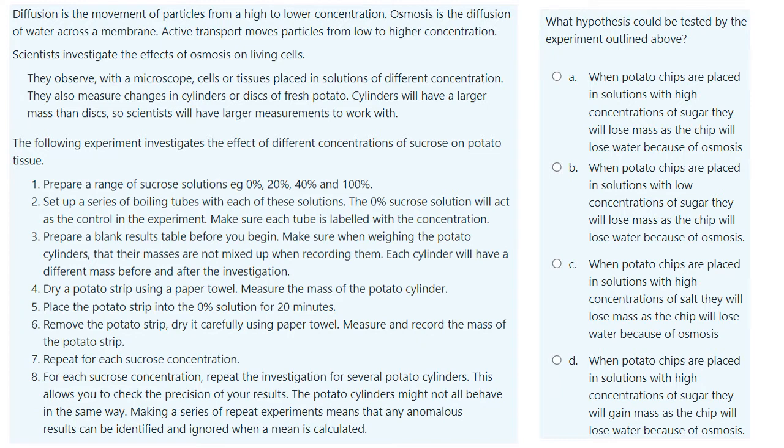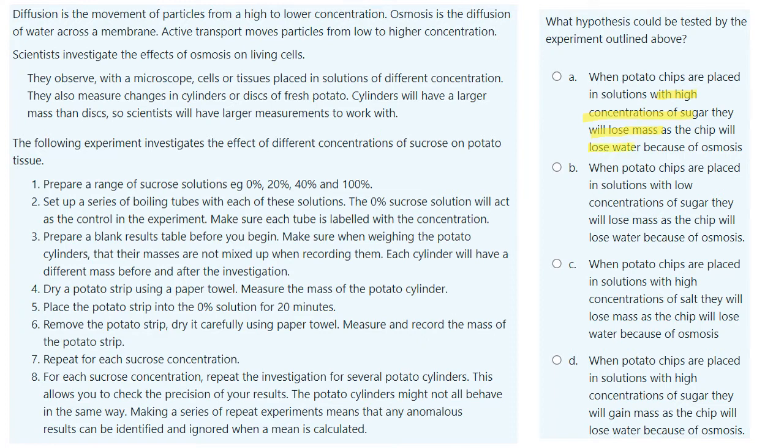Well, the first 5 questions are based on this passage. We can look at the first question and then we'll try and read the passage together. What hypothesis could be tested by the experiment outlined above? A: When potato chips are placed in solutions with high concentrations of sugar, they will lose mass as the chip will lose water because of osmosis.